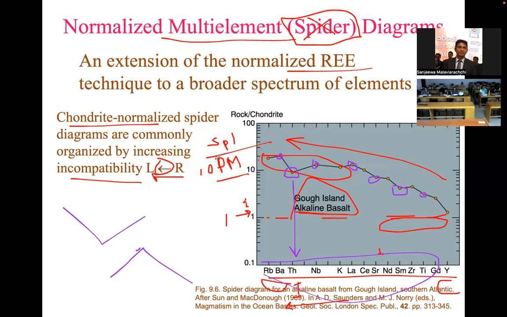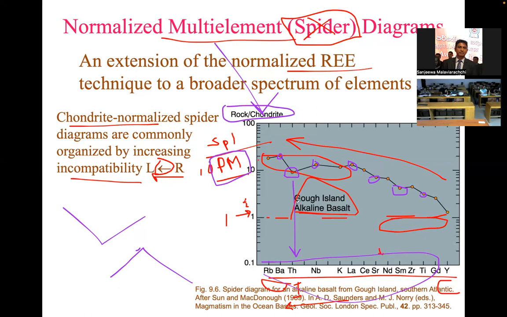Okay, sorry, I haven't seen this normalization, but in this case also they have used chondrite normalization. Okay, but it is rare for the normal multi-element diagram, right? Because as I said, we use the primitive mantle normalization most of the cases. It's not erroneous to use the chondrite composition, but in that case, you are comparing with the chondritic composition, not the primitive mantle composition, right?